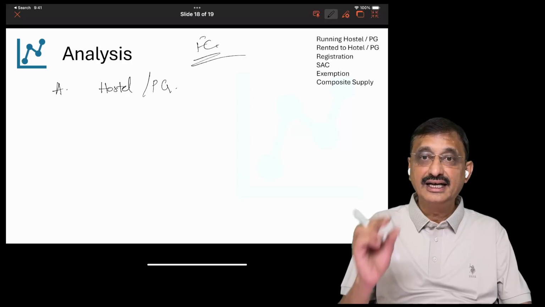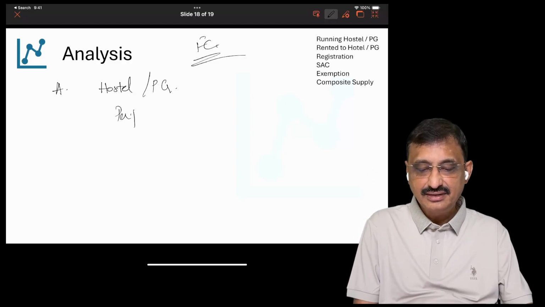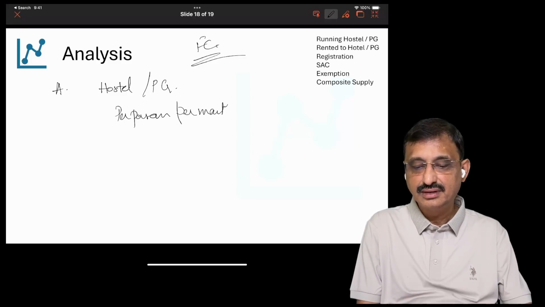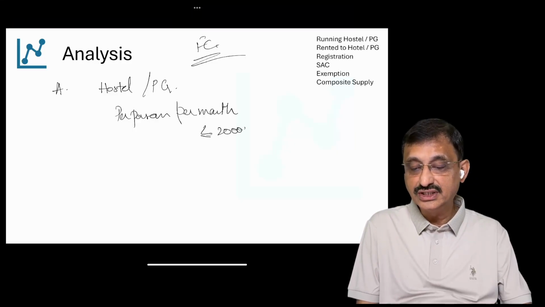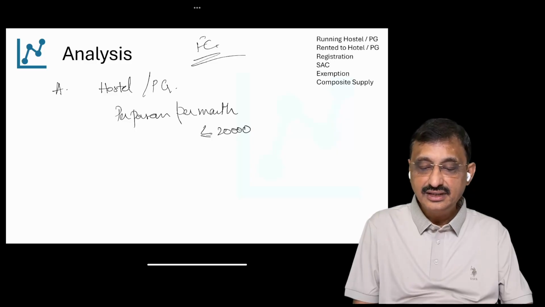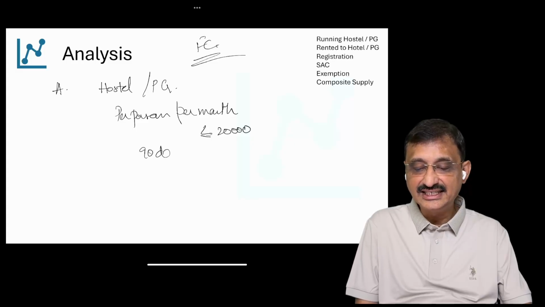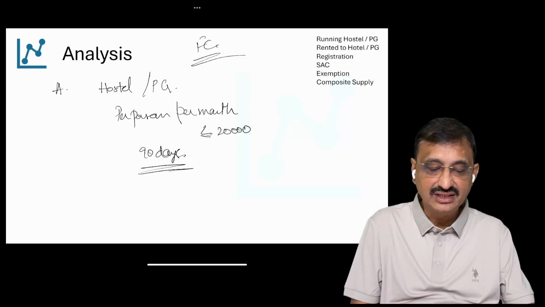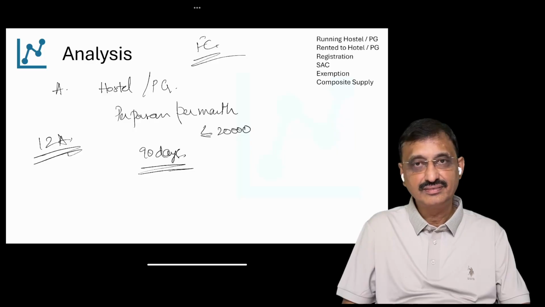Here, if per person per month the rent is less than or equal to 20,000 and they have taken the accommodation for at least 90 days minimum, then they will get exemption as per 12A of the exemption notification.